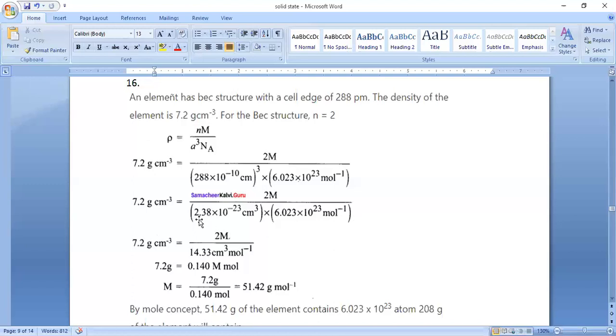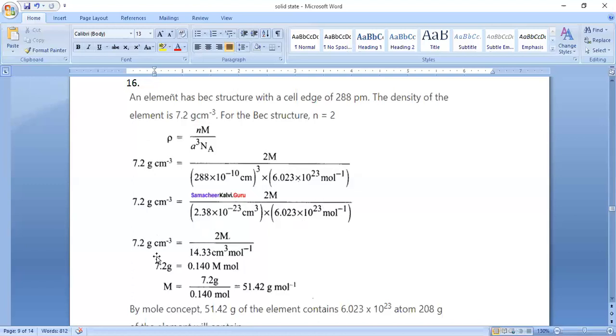The 10 power minus 23 and the 10 power 23 cancel each other. So we get 2M divided by, after multiplying 2.38 and 6.023, 14.33 centimeter cube per mole. The 10 power 23 and the 10 power minus 23 are cancelled here.